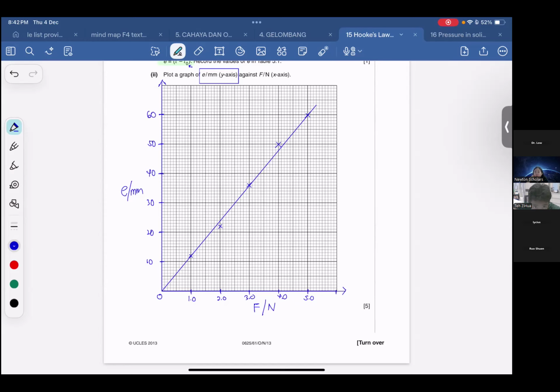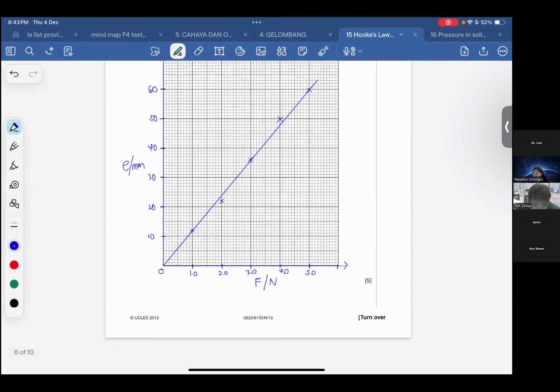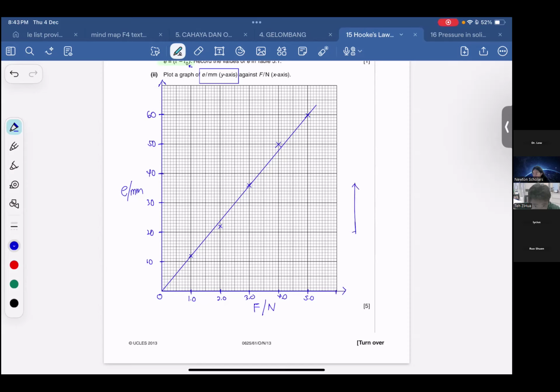Okay, not all the points are touching the line, but it's still considered a best fit line. It's because I got 1 point above the line, 1 point below the line. So actually, this line is balanced, it's a best fit line. Be careful. Sometimes students draw halfway, feel it's not really good, and ask, can I slightly change a little bit?